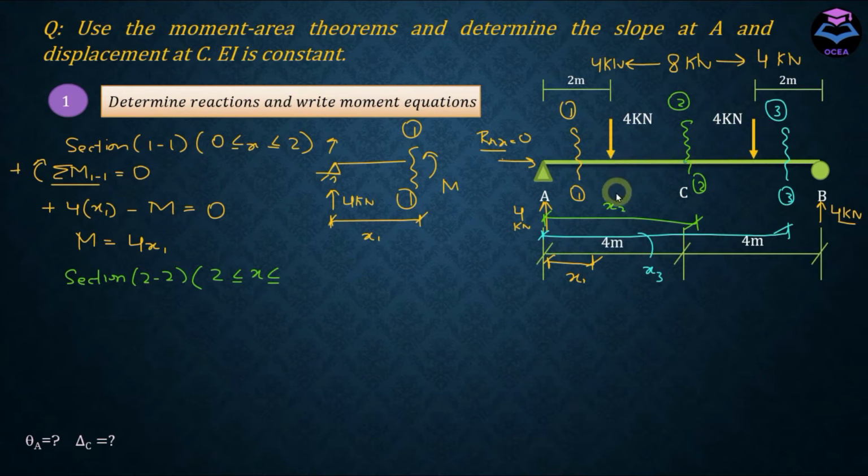The distance between the 2 point loads, if you calculate it, is equal to 4, so this is going to be 6. We are measuring x from here, so the minimum value of x is equal to 0 at point A, and the maximum value of x is equal to 8 over here. And for this point, x is equal to 6. Again, separate the leftward portion of the member from the rest of the member about section 2.